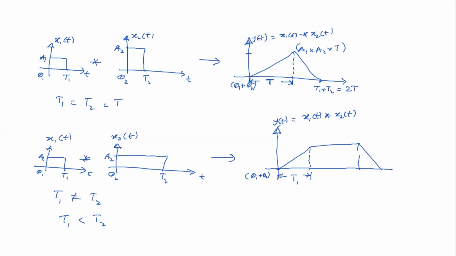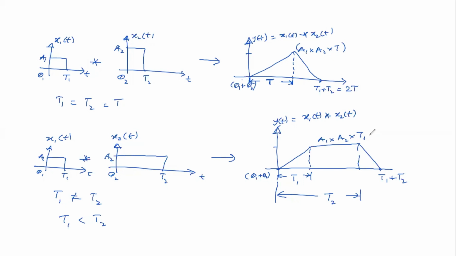From this point to this point, it will be T2. Then at this point, it will be T1 plus T2. Now, at this particular point, the amplitude level will be A1 times A2 times the smaller duration, T1. Okay, so this is how you evaluate signals of this format.